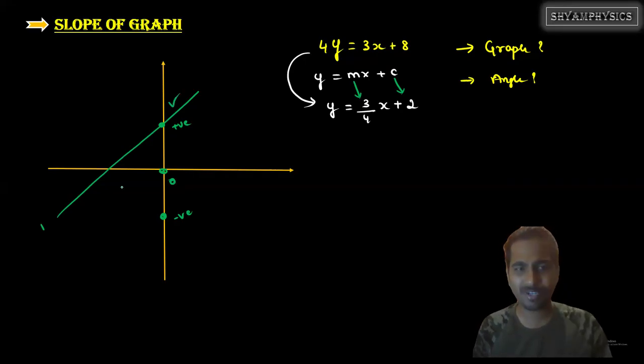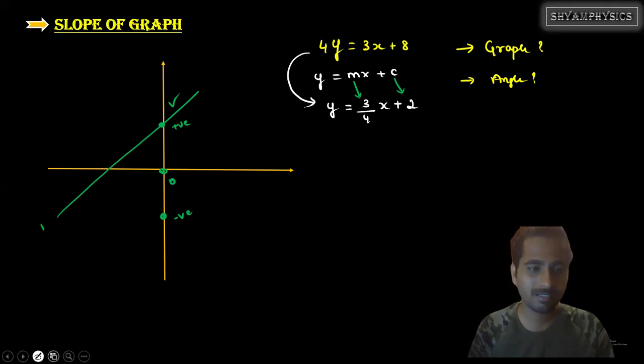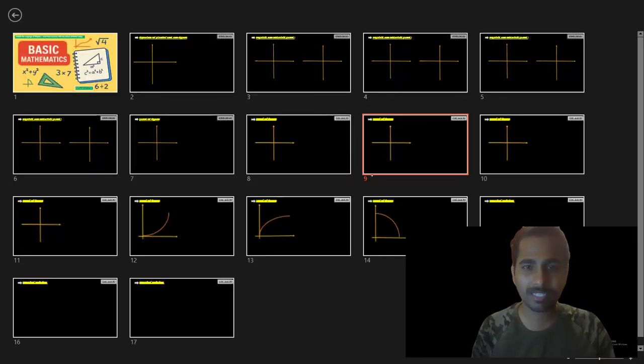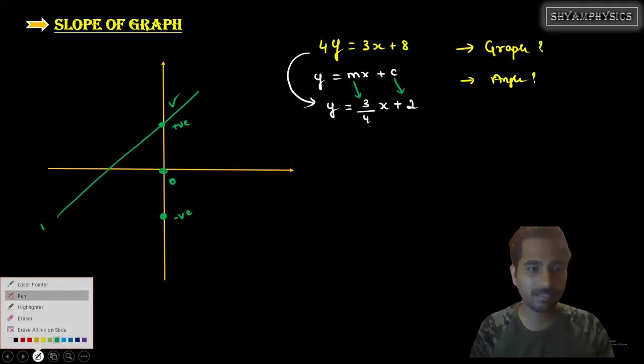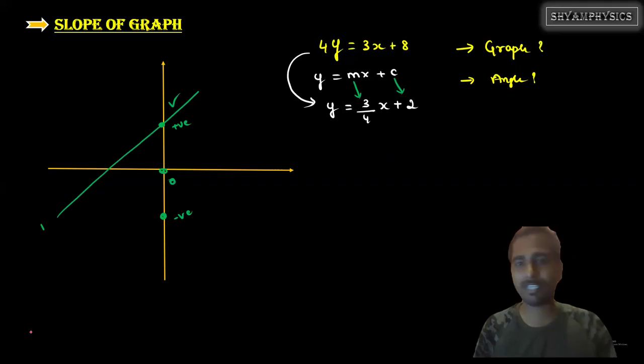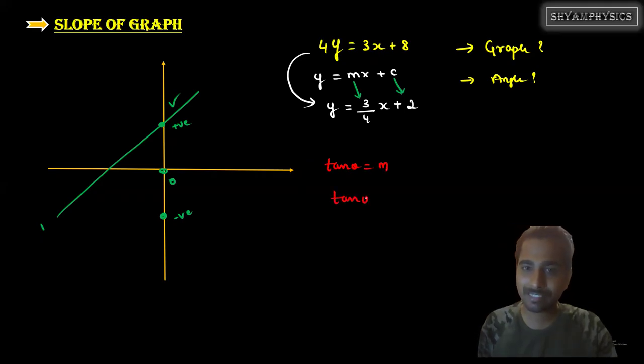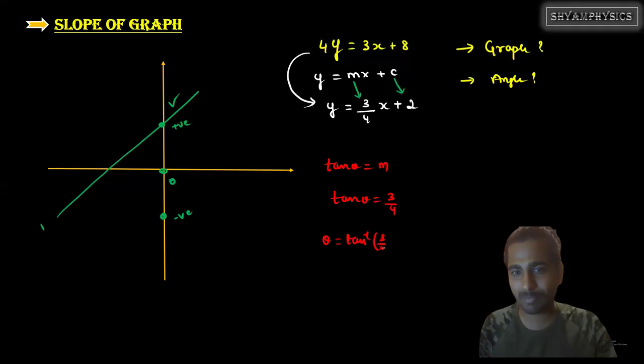Correct now? That's all. And now what do we need to calculate? The graph is done. The angle we need to calculate. Angle is nothing but tan theta, which is nothing but the slope. So tan theta is equal to the slope value, 3 by 4. So theta is equal to tan inverse of 3 by 4.